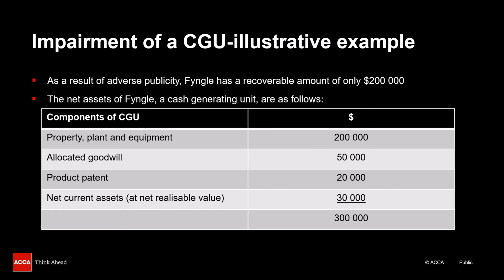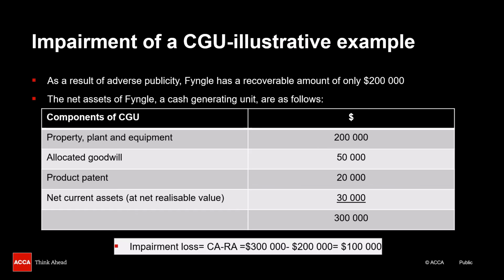The impairment loss of this CGU would be $100,000. This is taking into account the carrying amount of the CGU of $300,000 less its recoverable amount of $200,000. Now, since this CGU contains goodwill, we must follow the two-step approach.